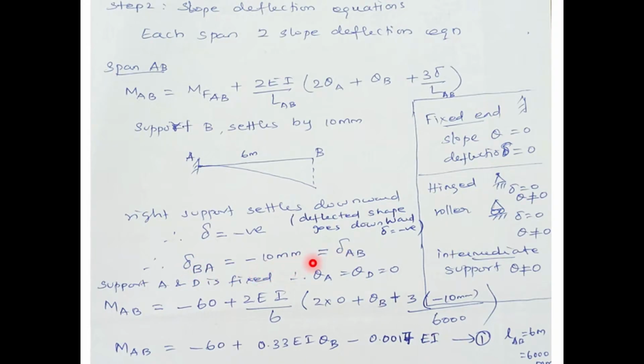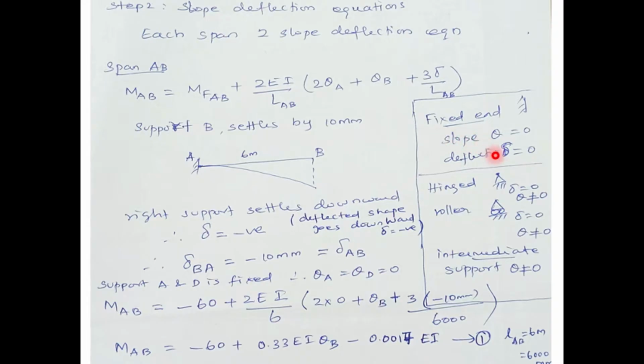Now write the slope deflection equation. MAB is equal to MFAB plus 2EI by L into 2 times theta A plus 1 time theta B plus 3 delta by L. As we know, theta A is equal to 0 because it is fixed, right? So for a fixed end, slope and deflection are 0.